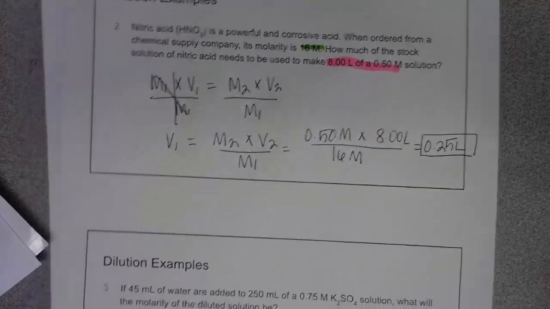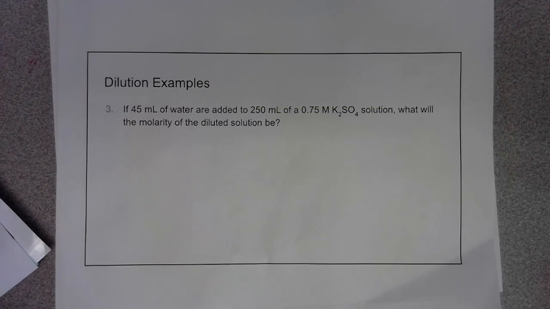All right. It says, if 45 milliliters of water is added to 250 milliliters of a 0.75 molar K2SO4 solution, what will be the new molarity of the diluted solution?